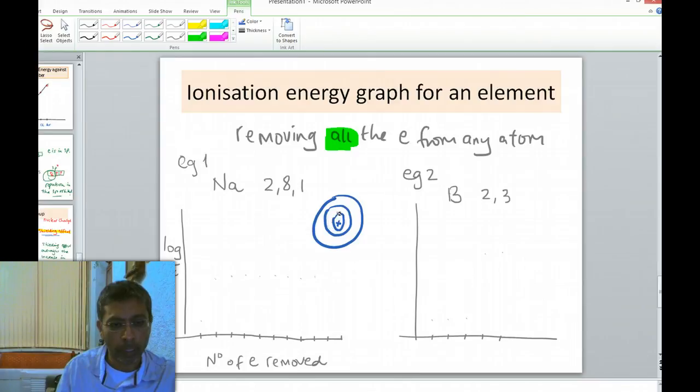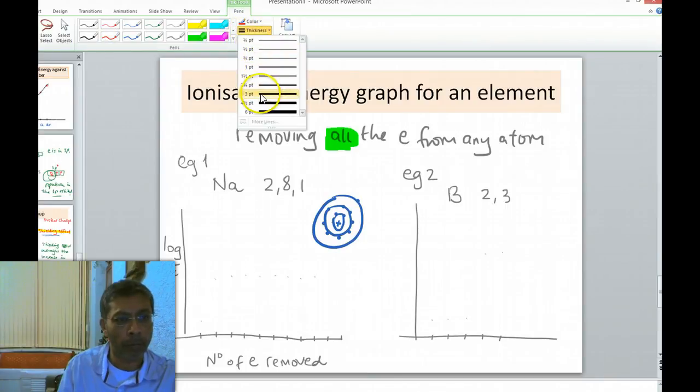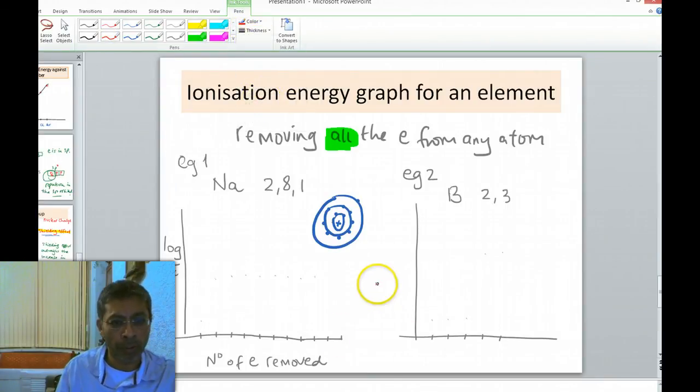It's got 2 electrons there, 8 in the next shell, 1, 2, 3, 4, 5, 6, 7, 8, and 1 in the outer shell. Now what we are doing is removing the outermost electron first. To remove that one, it's going to be the easiest one to remove. So the ionization energy is right down here.